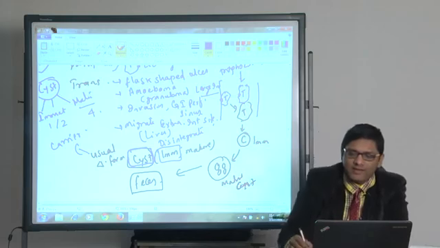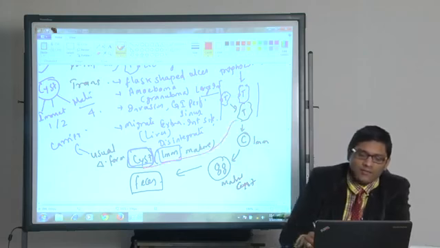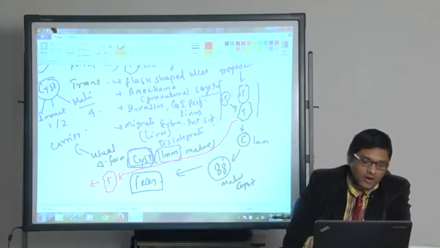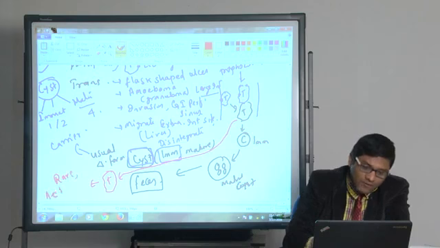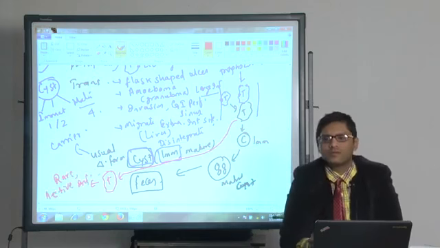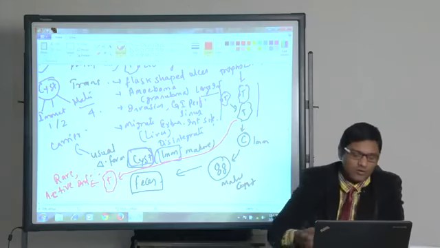Once in a while, very rarely, the trophozoites also can directly be seen in the feces. Presence of trophozoite, though it is rare, confirms active infection. Okay. So, this is what you have to remember.